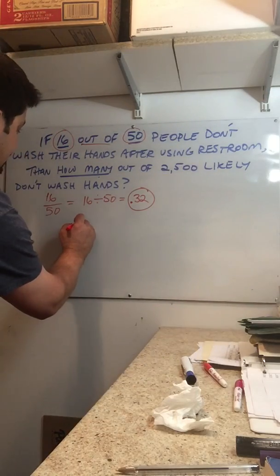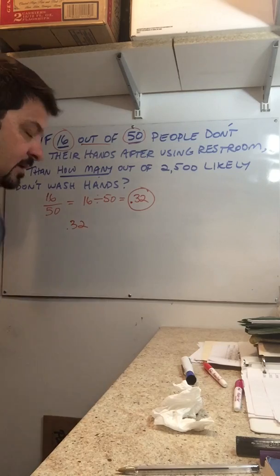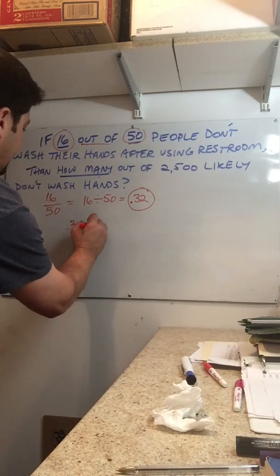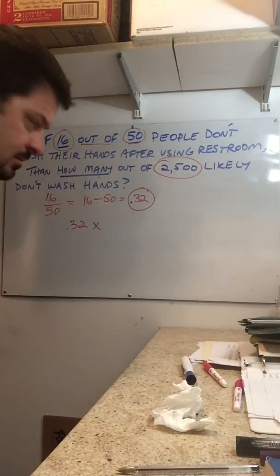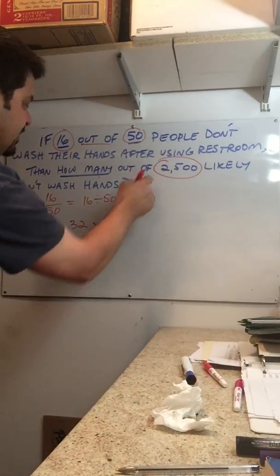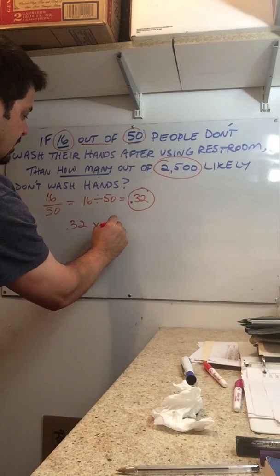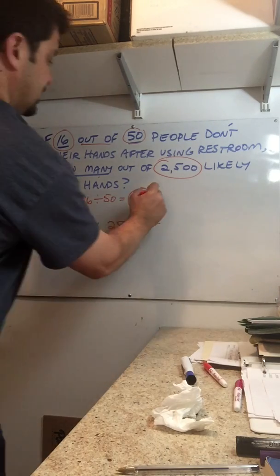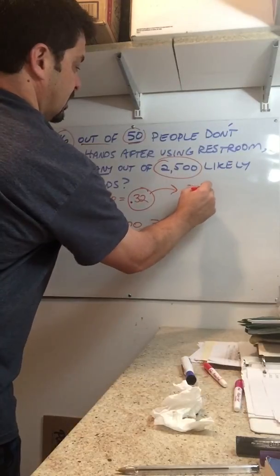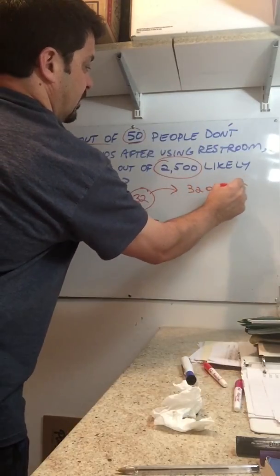So we'll take this 0.32 and then multiply it by this number. This is going to tell us out of every 100, how many don't wash their hands. This actually means 32 out of 100.